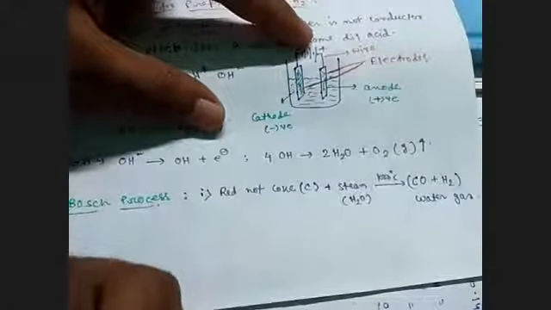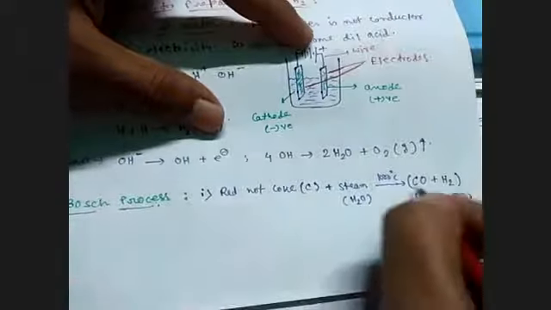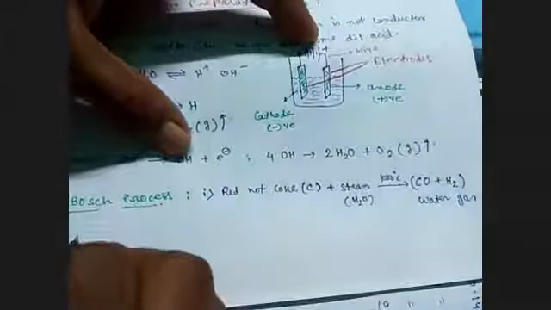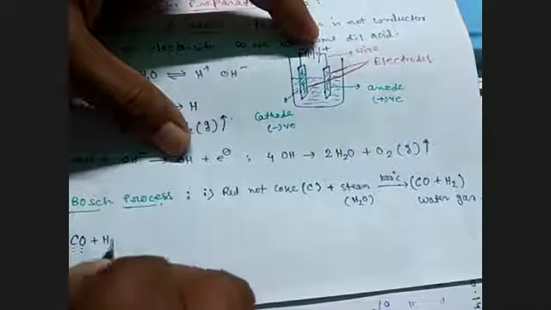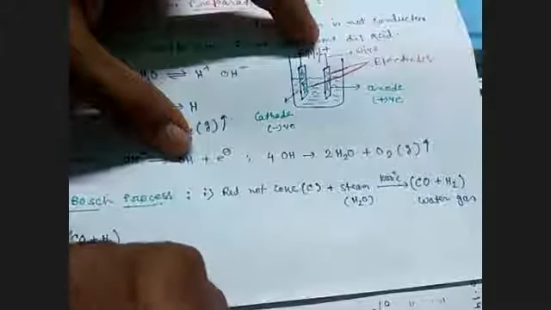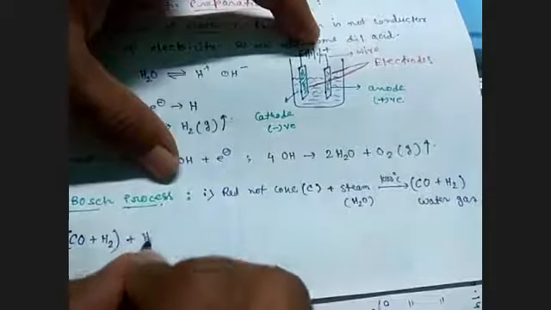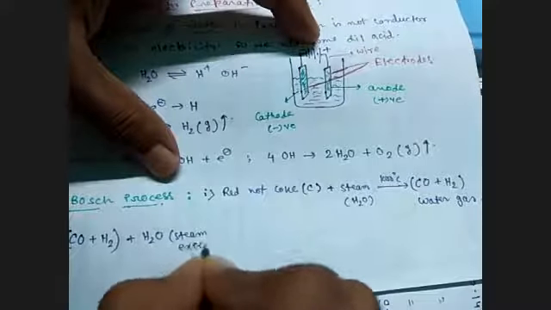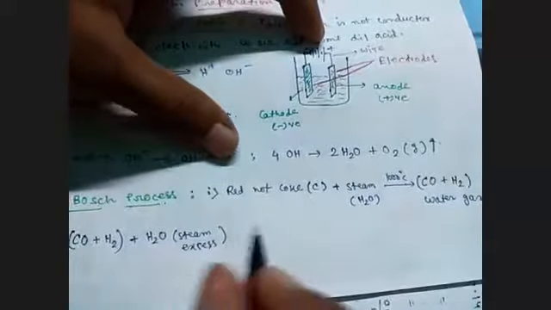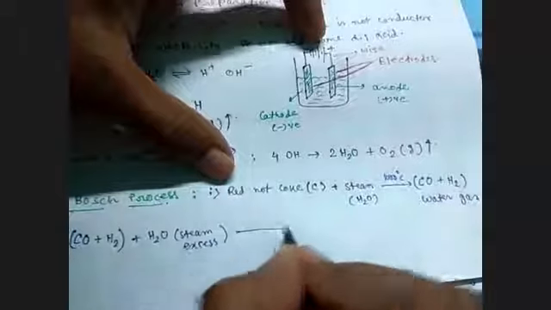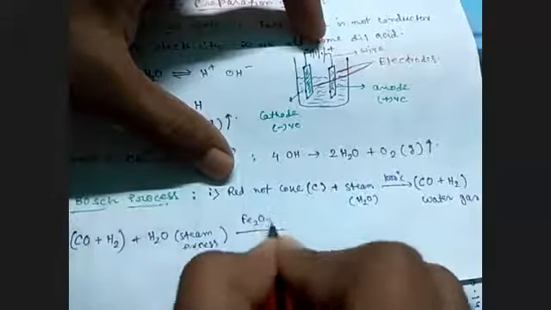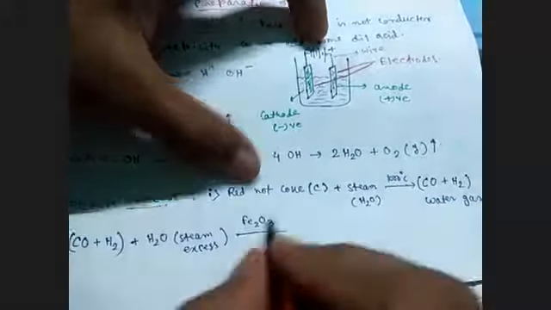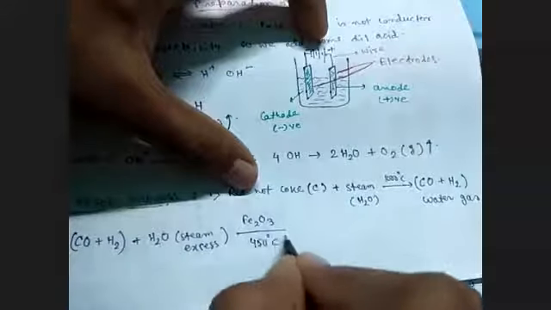But here remember, hydrogen is present with CO. Water gas is a mixture, so we have to separate out this CO. To separate it, we will pass that CO plus H2 mixture with excess of steam, in presence of a catalyst like Fe2O3, Cr2O3, at near about 450 degrees Celsius temperature.